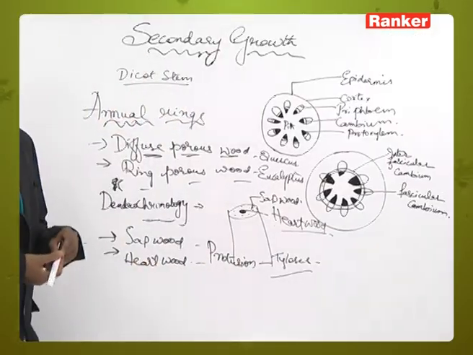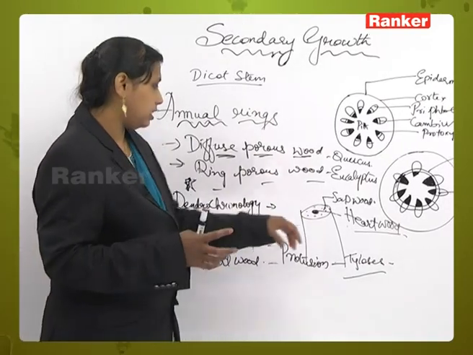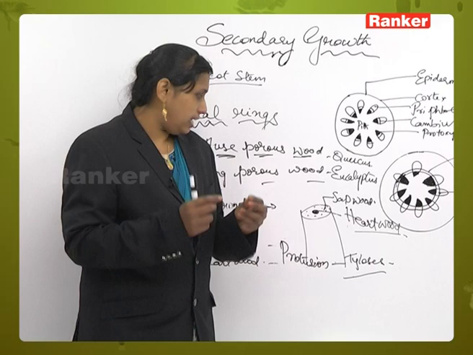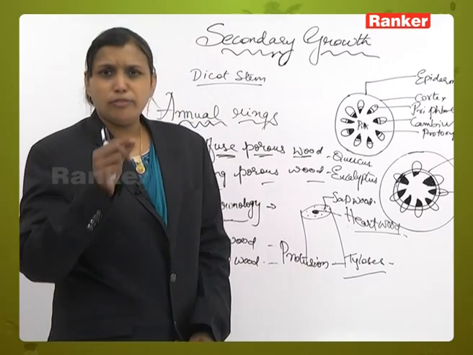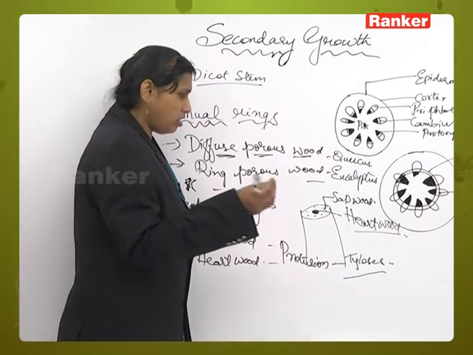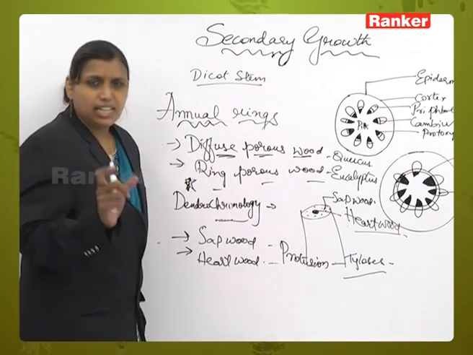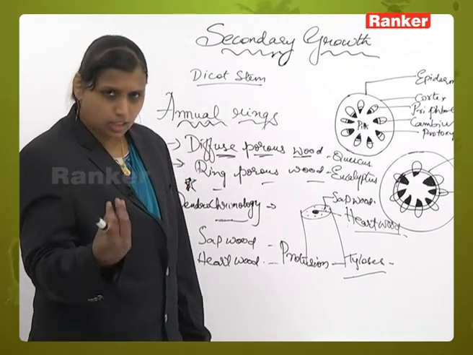Okay. Now, as the secondary growth goes on, there is continuous formation of heartwood and continuous formation of sapwood. So clearly we can differentiate between the sapwood and heartwood because of the appearance of their color. As we said, the heartwood is darker in color and is a dead tissue. It occupies the center of the stem.